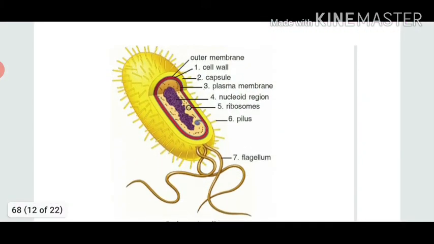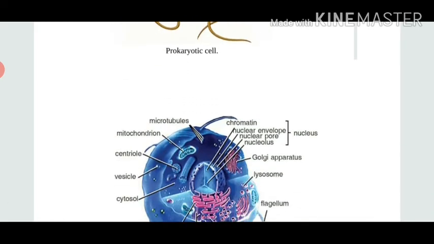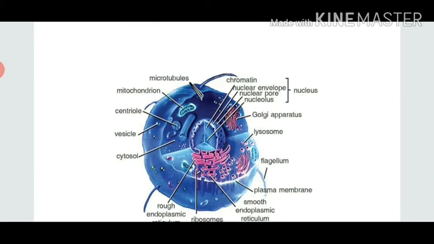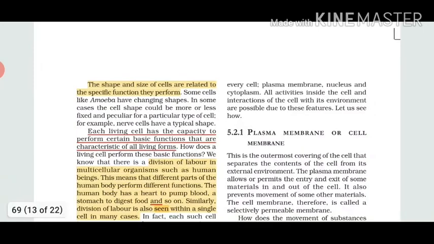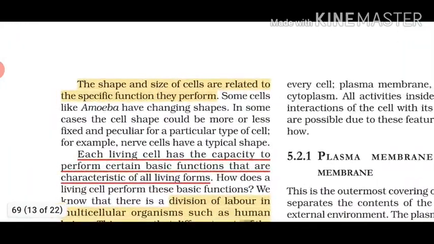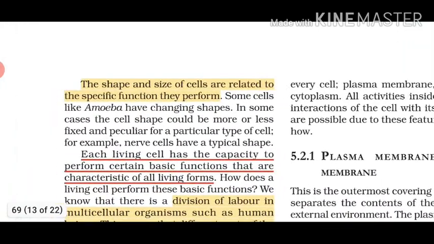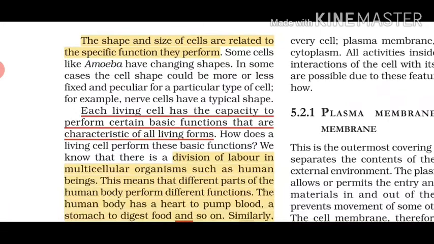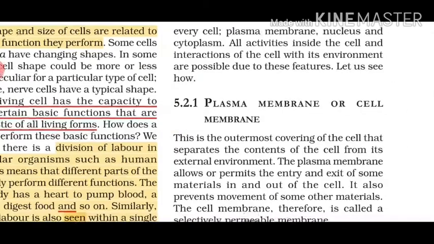Here you can see the prokaryotic cell and the eukaryotic cell. In the prokaryotic cell there are fewer organelles, whereas the eukaryotic cell contains more organelles. The shape and size of cells are related to the function they perform. Each cell has the capacity to perform basic functions that are characteristic of all living beings.